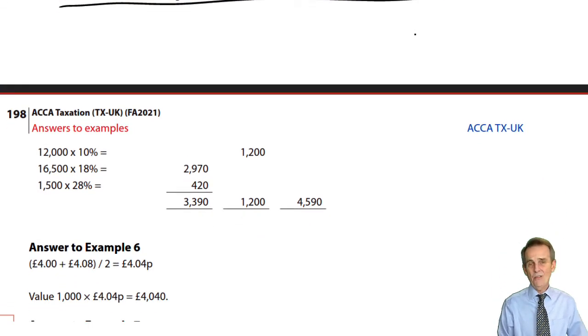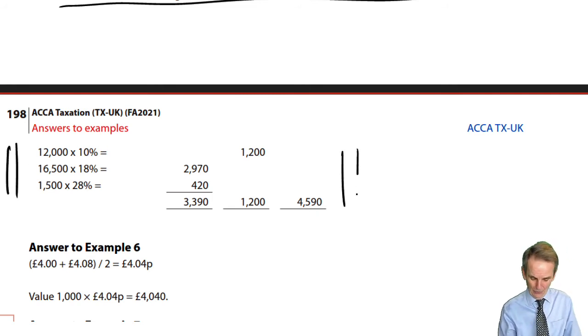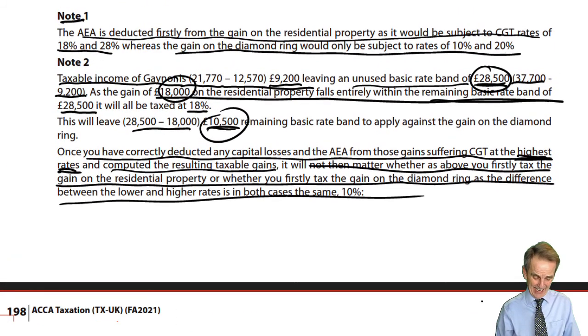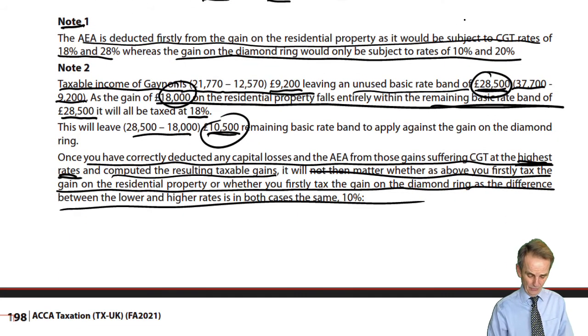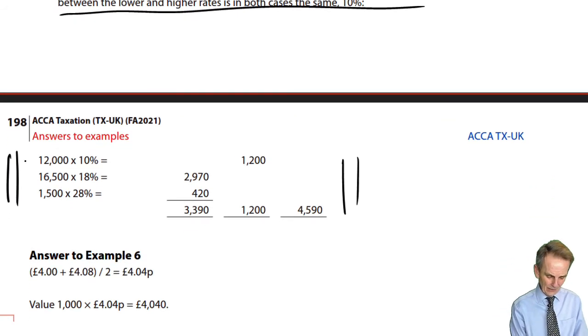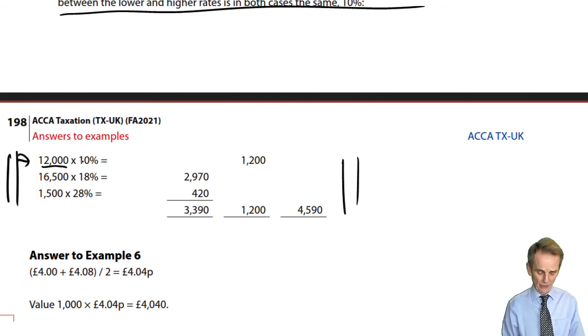Now, you'd never bother to do this, but I know students always ask the question, well, are you sure about that? So I've just done a little proof there. You'd never be doing this in the exam. It doesn't matter what order you do it in, but you'd probably just do as I have done in that first answer, where we've gone with the 18,000 gain on the property first. The proof is shown there. If I went with the diamond ring first, the gain of 12,000 is clearly all within the remaining basic rate band limit, so all of it gets the lower rate of 10% as it's an other asset.